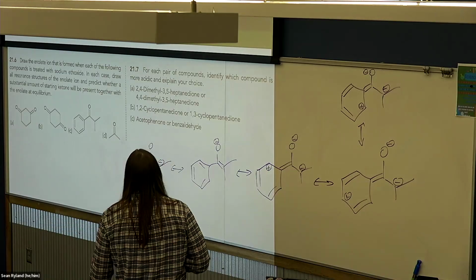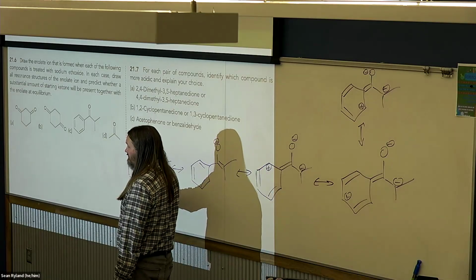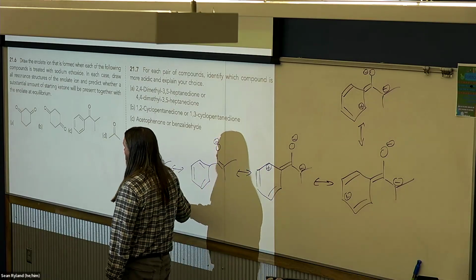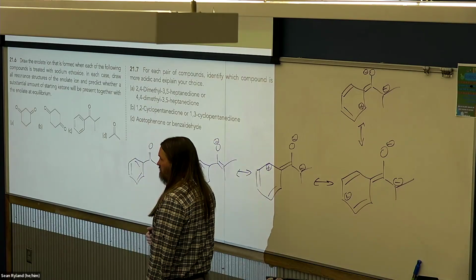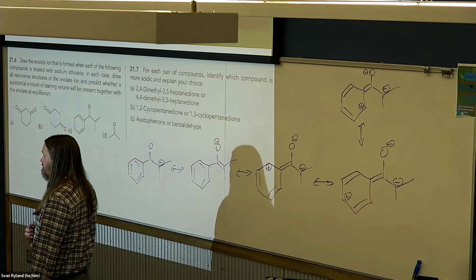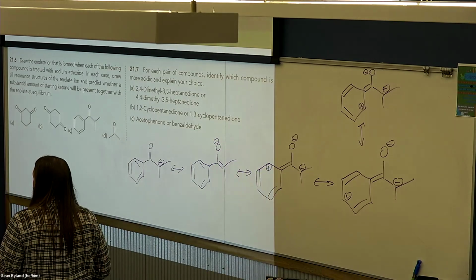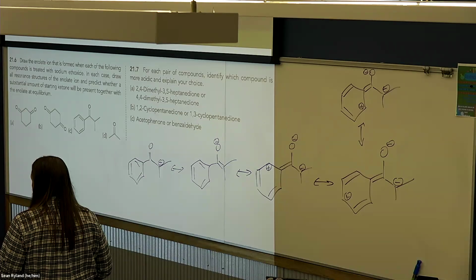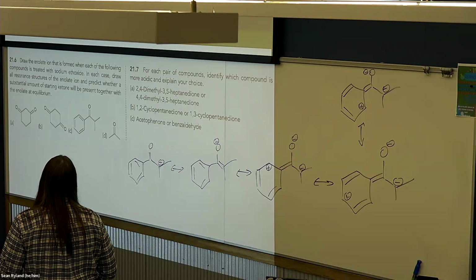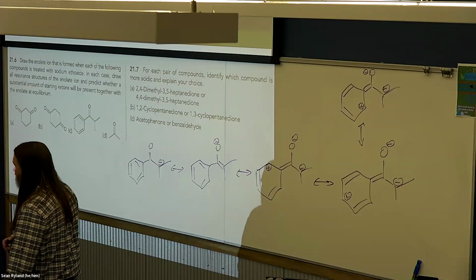So that is a pretty resonance stabilized enolate. So would we see both or just one? It's not as cut and dried as the beta diketone, but it's got even more resonance structures than the beta diketone did, right? So that's just the enolate.